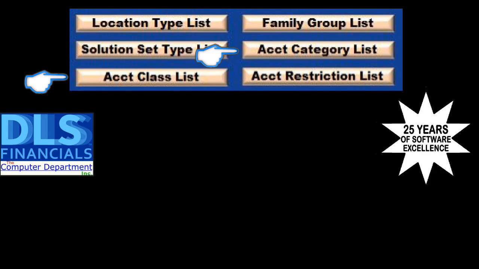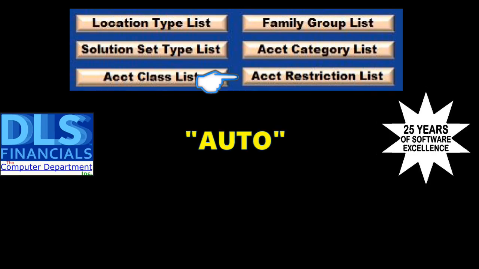Account classification and category lists are to provide those with 2 different levels of classification, and then category can work as a sub-classification. Account restrictions are primarily used for general information about the restrictions that may be on the account, except for the restriction named Auto in all caps.